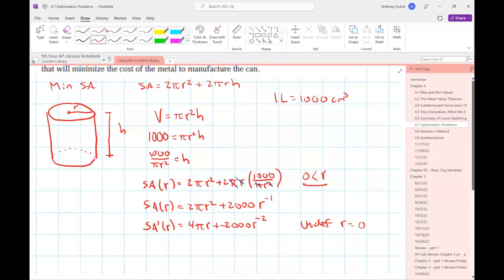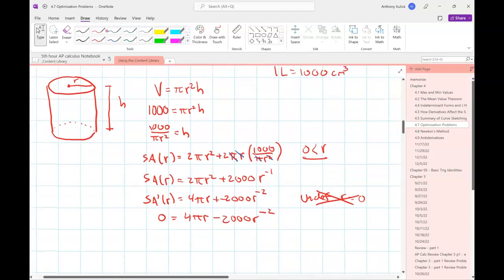Yeah, because 0 is not in the domain of the function. So it doesn't matter that it's not in the domain of the derivative. So that doesn't matter to us. Write that as a subtraction problem here. Okay. What do you want to do first to solve for r?